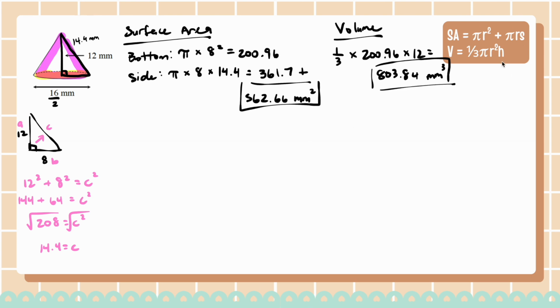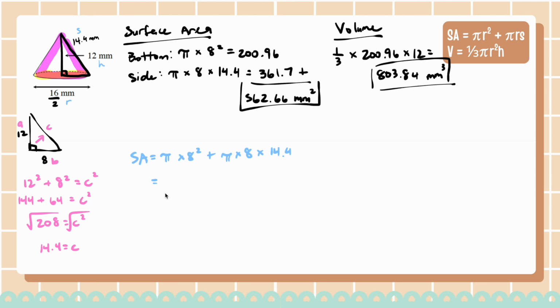Now let's try applying these formulas. So we're starting off with surface area. Let's label our dimensions. So here, remember, is how we found our radius r. Here was our slant height that we solved for, s, and then here was the given height, h. So plugging all of this in, pi r squared is going to be pi times 8 squared, plus pi rs is going to be pi times 8 times s, which was 14.4.